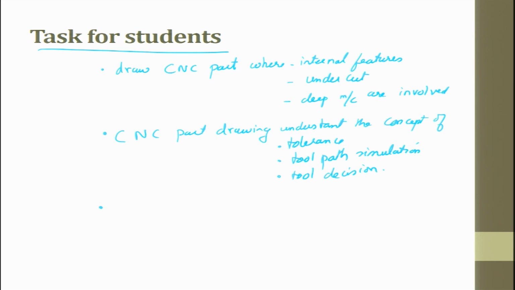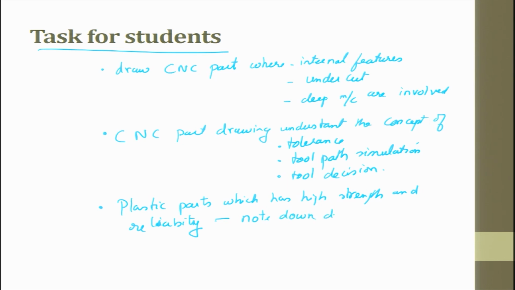So, the last one is going to be, try to look at plastic parts which have high strength and reliability. Note down the list and see whether this list can be made by RP or AM. Okay. Thank you very much.